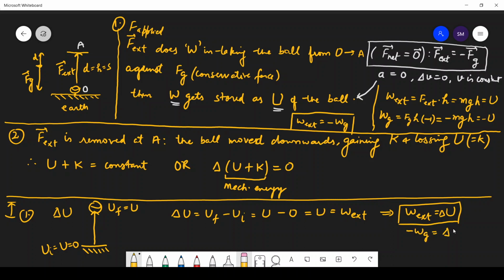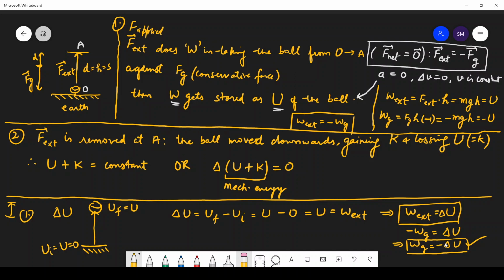So minus Wg is equal to delta u, right? Or you can say that Wg is equal to minus delta u. Students, you always need to remember this point, that the work done by the gravitational force is minus delta u. So that's the whole thing.